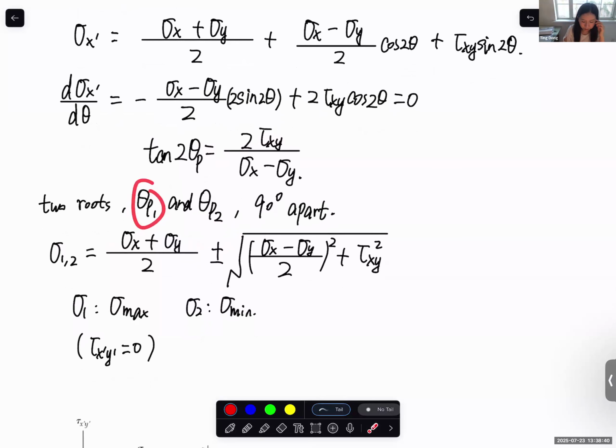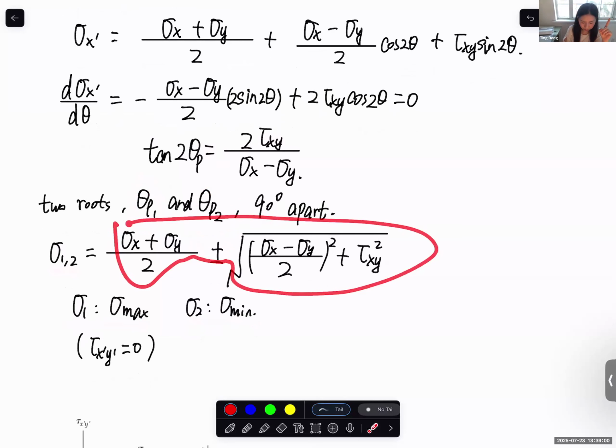So now you plug theta p back into the equation. Of course, you get the actual extreme value of sigma. For the convention, we define the larger one as sigma 1, the smaller one as sigma 2. You can see from the equation, if you use plus, it's sigma 1.